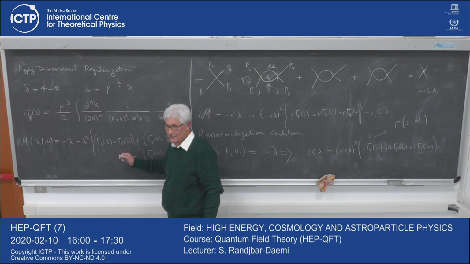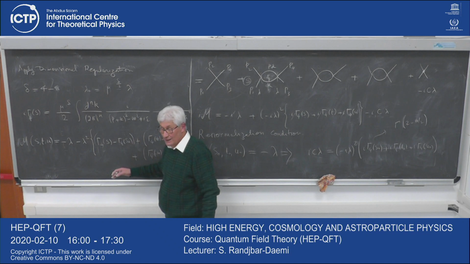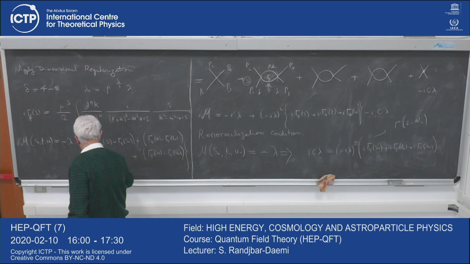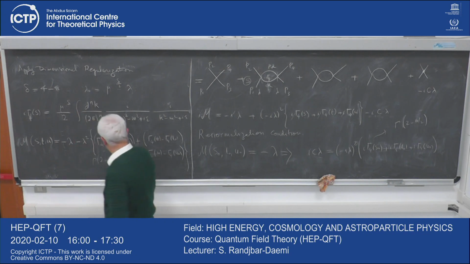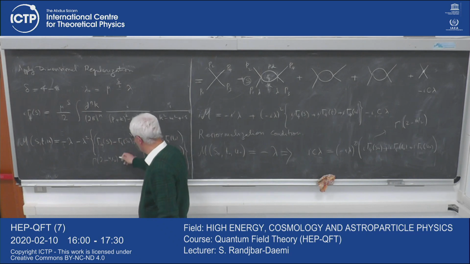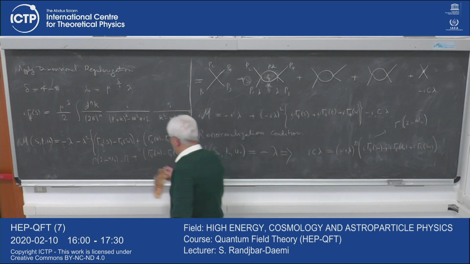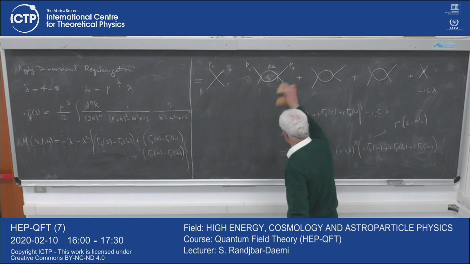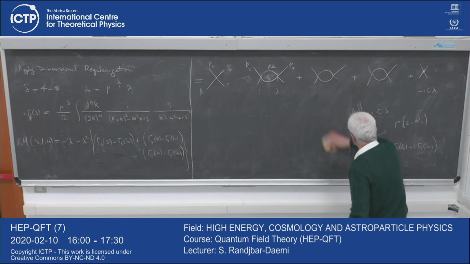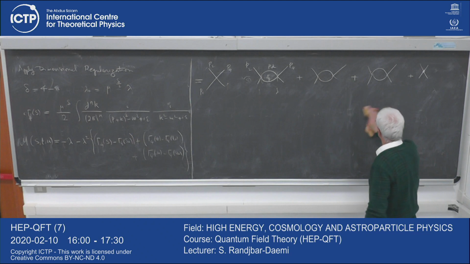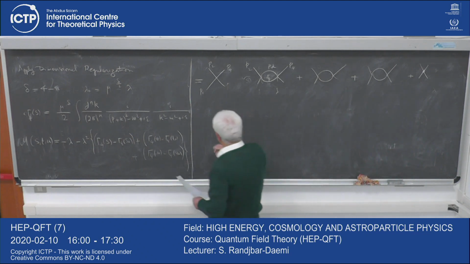Why does this subtract the infinity? The answer is very simple. This will go like the gamma function of 2 minus n over 2. Its value, the same function evaluated at 0, doesn't depend on s, and will also go like gamma of 2 minus n over 2. The statement that I'm going to make, of course, we are going to explicitly calculate and show that this is what's going to happen.